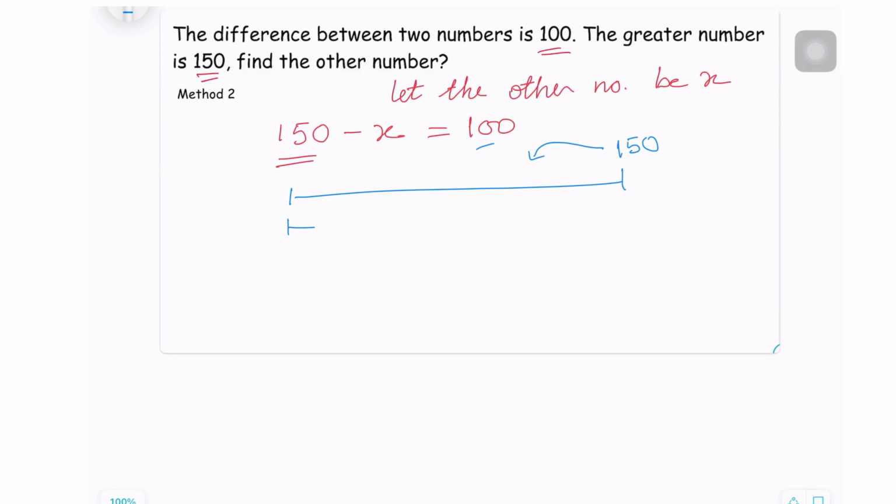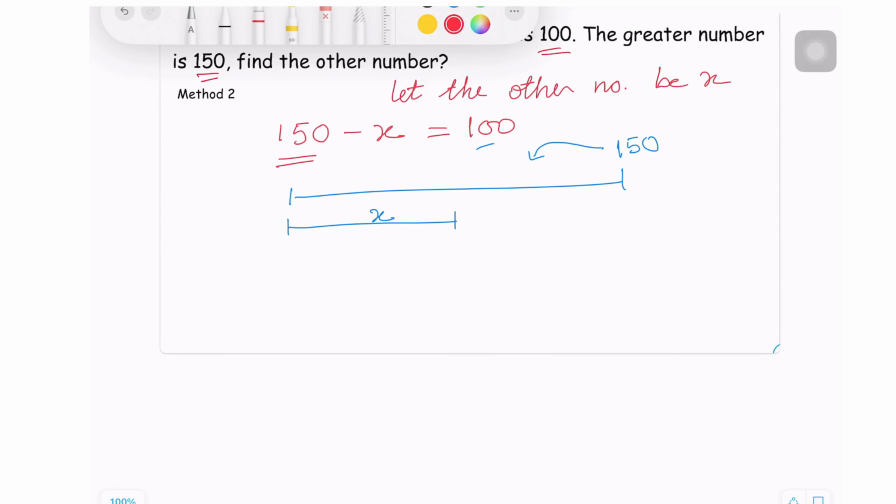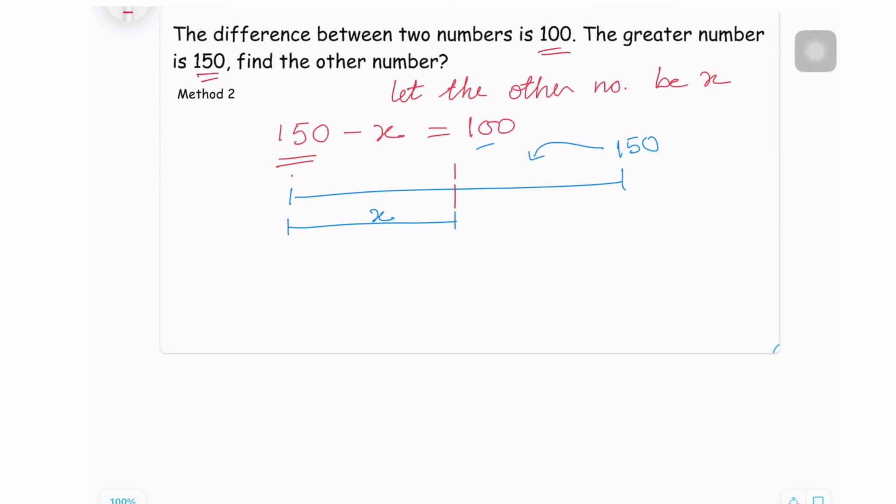So let's assume the other line is x. This is x. I will use another color now. Let's join like this, which means from here to here is x. So the whole line is 150. When we are taking away the x portion, this much portion, then the difference is 100. This is what the question is saying.